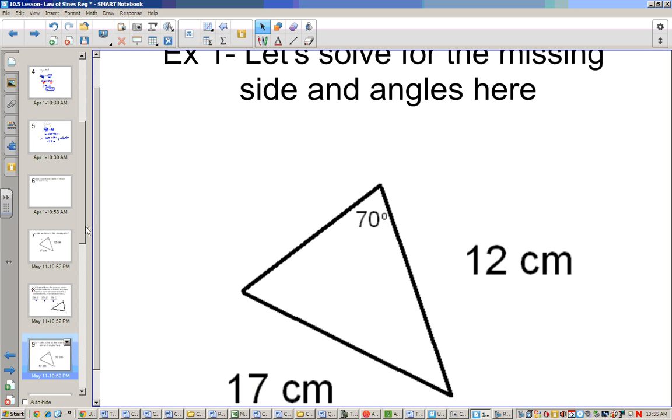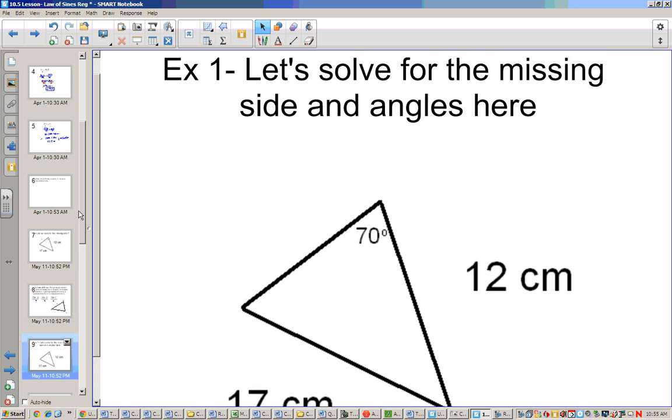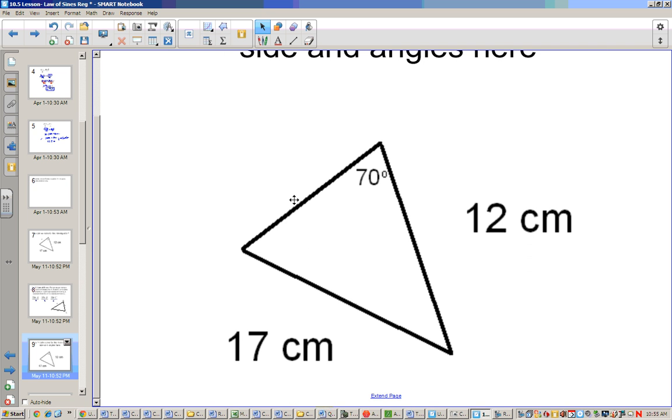So let's solve for a missing side, or missing sides and angles. Now here we have our triangle. It is not a right triangle, and let's call this A, B, and C. That means this side is going to be little a, little b, and little c, because the lowercase is always opposite from the uppercase.